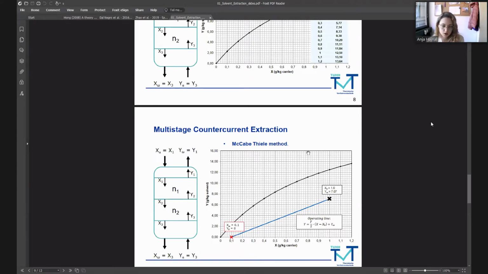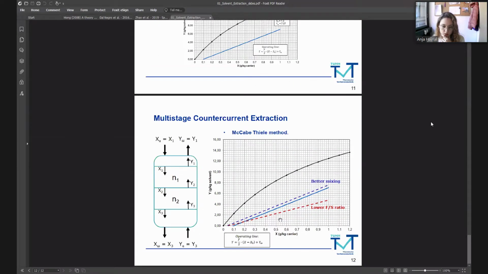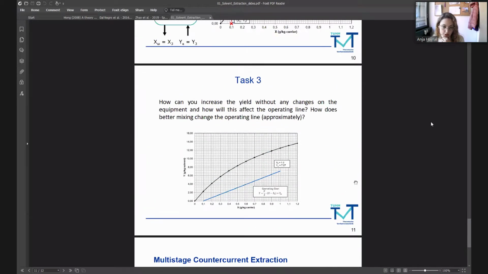So you can make either one smaller or bigger and see how the line would change. And you will see that you get something similar to what we have here, and that indeed your yield in the end would be higher when you calculate it.